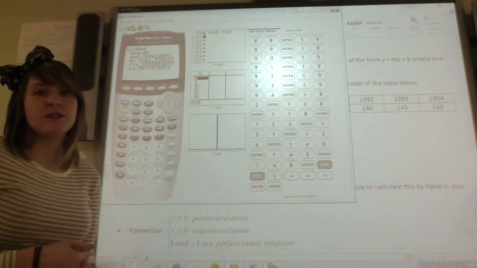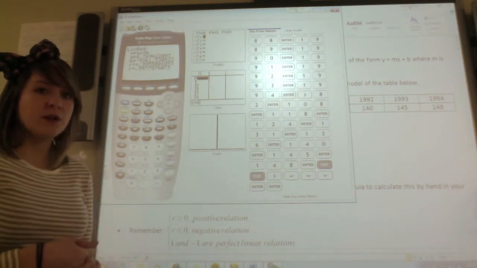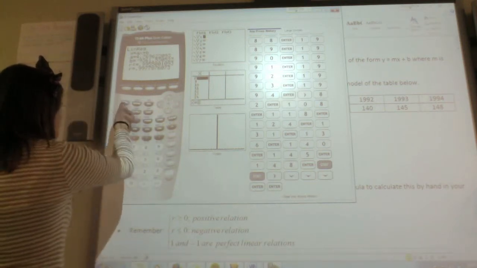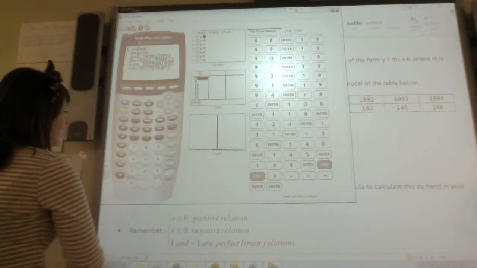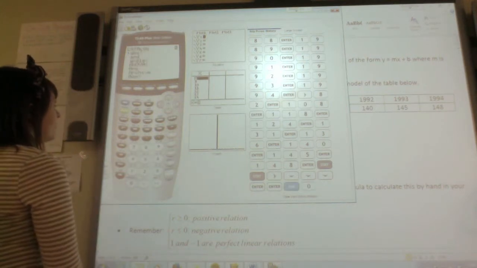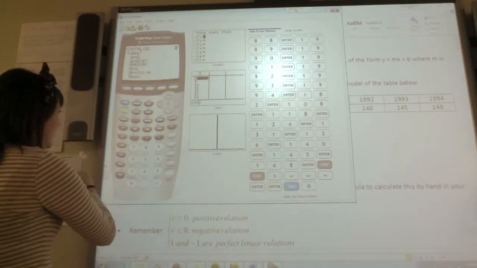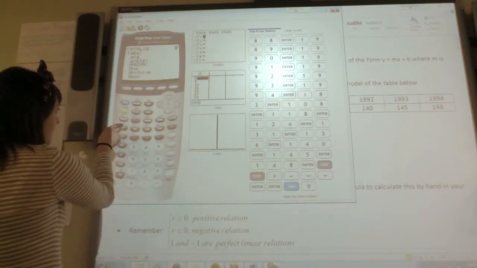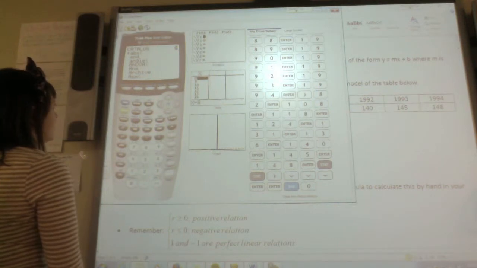If your calculator does not have an r squared or an r value, what you need to do is hit second and then go to 0, which is catalog. Then you want to go to D, which is this little x to the negative 1, and it'll go down to all the D's here.